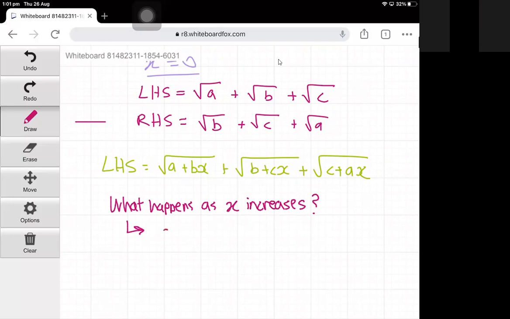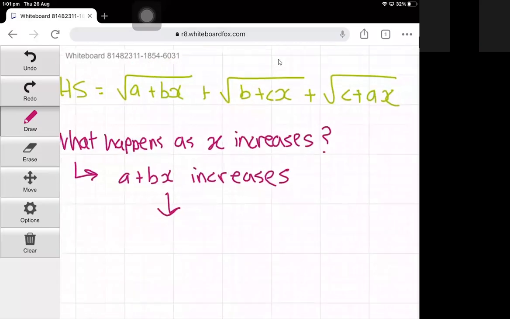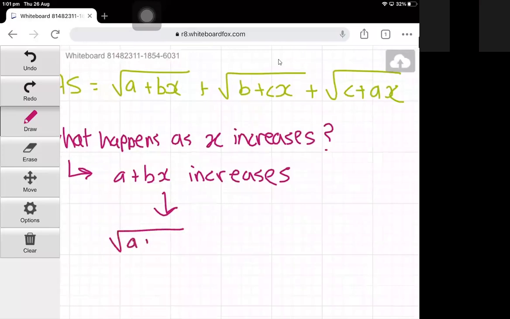This means a plus bx will increase. A plus bx increases as x increases because a and b are positive. And also remember that the square root function increases as the value inside the square root function increases. So it also means the square root of a plus bx increases.